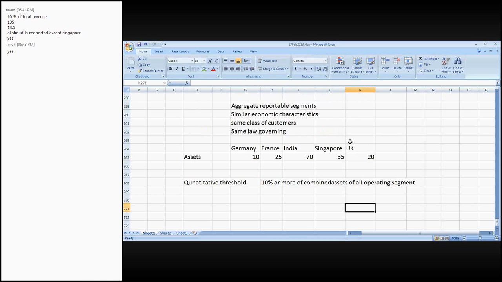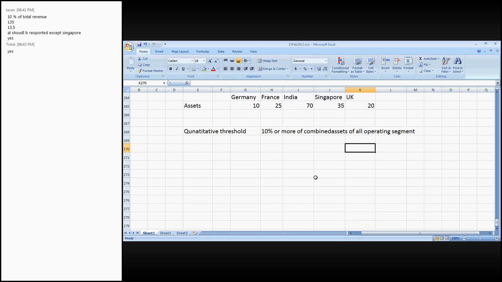So if this is the case, it may happen that total assets will be 135 plus 25, which is 165. 10% or more, that is 16.5. 160.